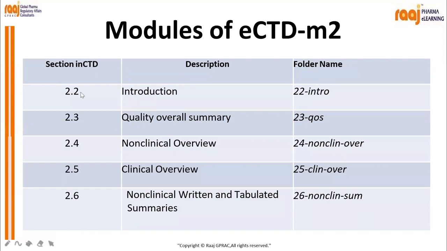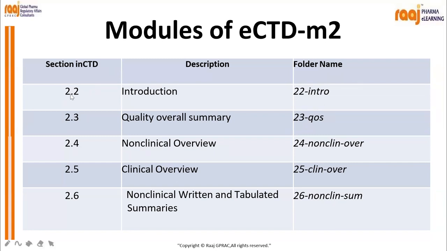So you can see how module 2 is further divided into 2.2, 2.3, 2.4, 2.5 and 2.6, which talk about introduction, quality overall summary, non-clinical overview, clinical overview, non-clinical written and tabulated summaries. So when you give the folder name, as I mentioned, to separate two words or two characters, always use a hyphen.